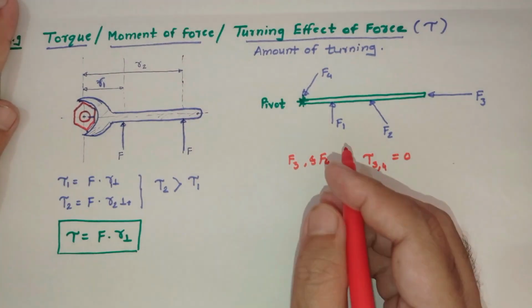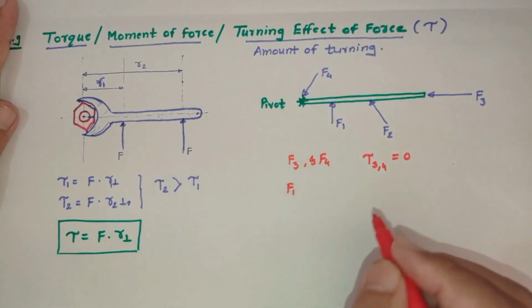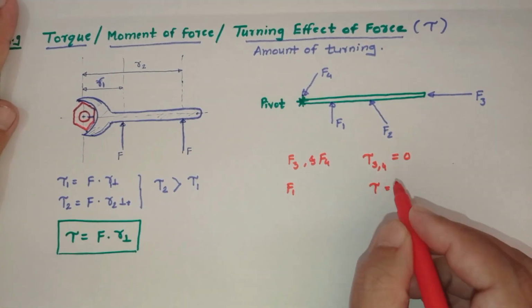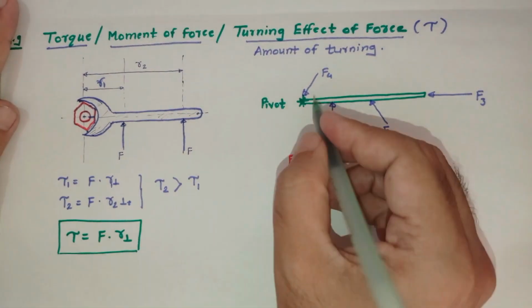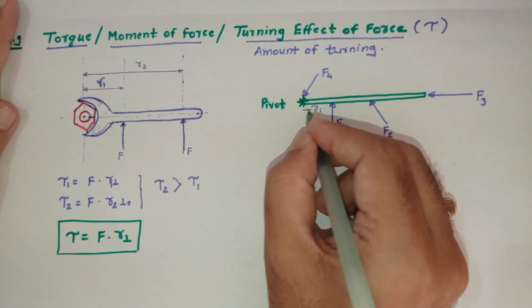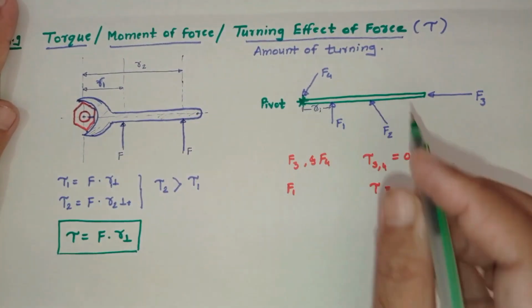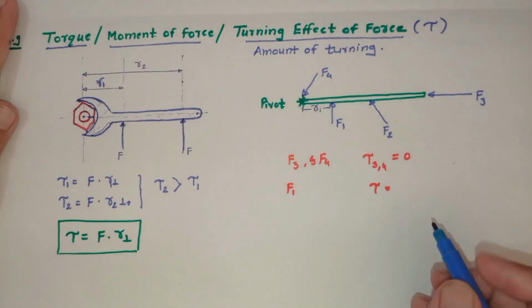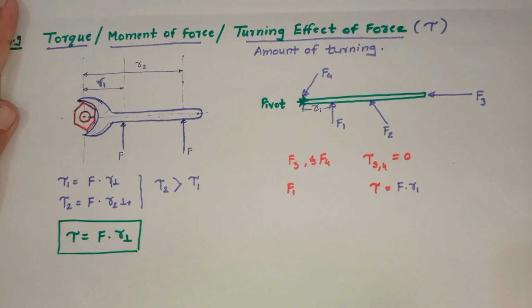Now if we want to find out the torque produced by F1 force, say this distance is R1, force F1 is at a distance R1, so torque produced is given by F1 into R1.